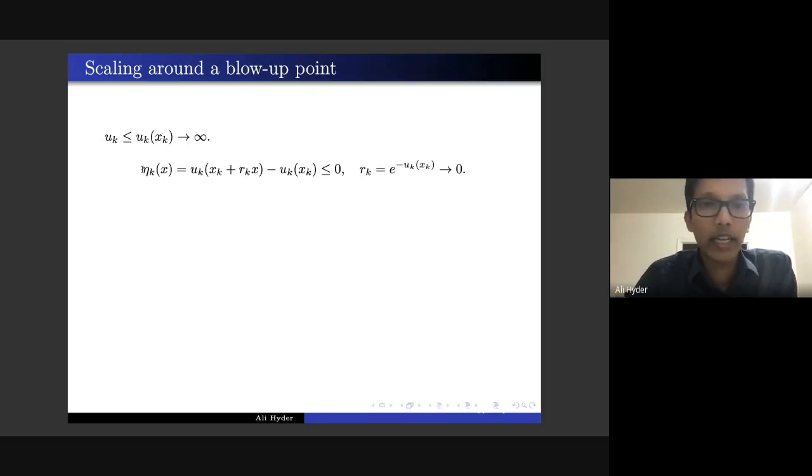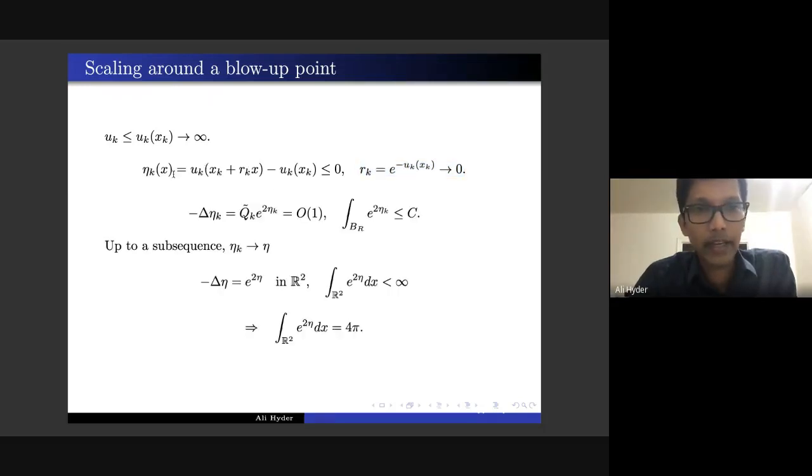Then we do a scaling in this way, and this is the standard one for the Liouville equation: eta_k equals u_k of x_k plus r_k x minus u_k of x_k. Since I am subtracting the maximum value, this is less than or equal to 0, and eta_k at 0 is 0, and r_k goes to 0 in a way given by this formula.